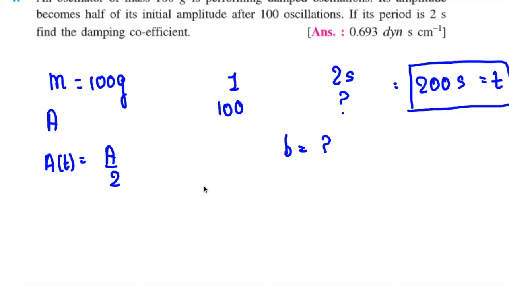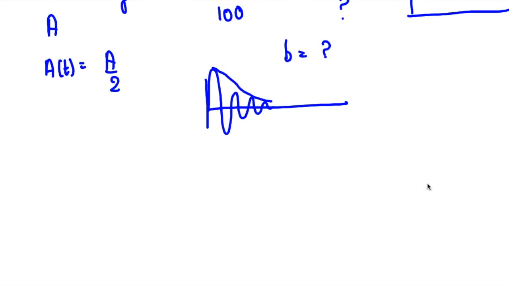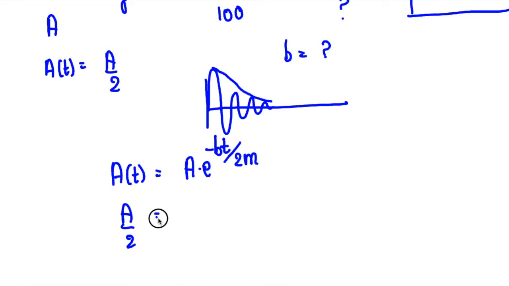Here we need to find out b. We have the formula for damped oscillation. My amplitude always varies with respect to time. The formula was A at any time t equals maximum amplitude into e to the power minus bt by 2m. Now A at time t is becoming A by 2, that is equal to A e raised to minus bt by 2m.